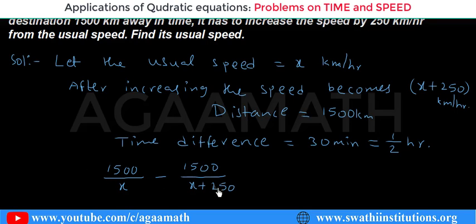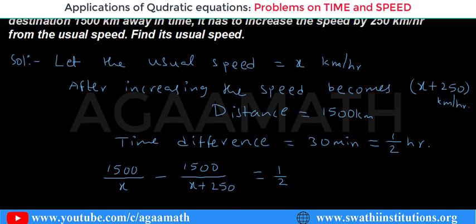So the difference is equal to half an hour, right? So it is 1500 by x minus 1500 by x plus 250 equals 1 by 2, right?